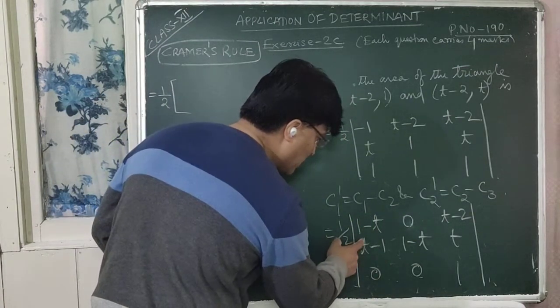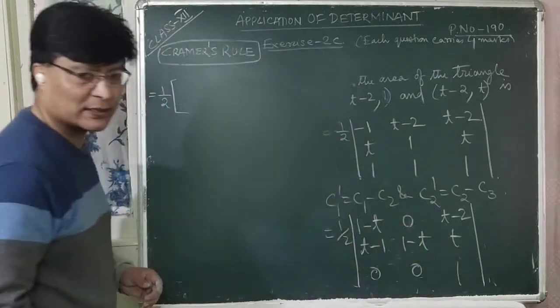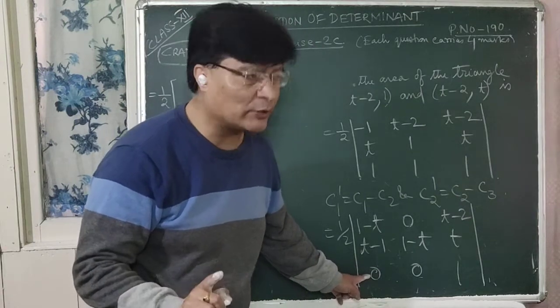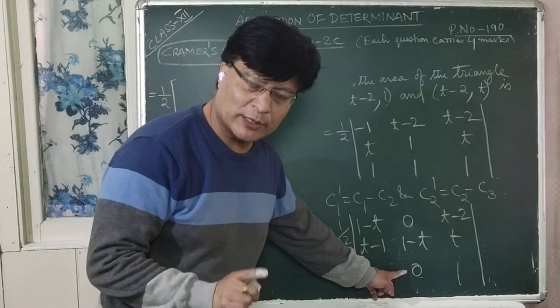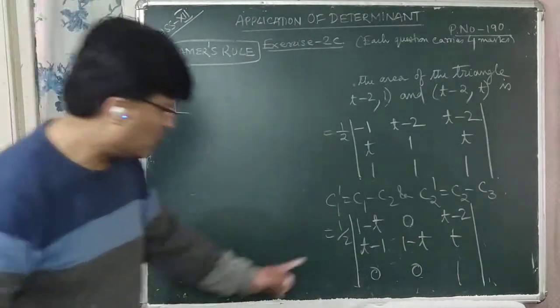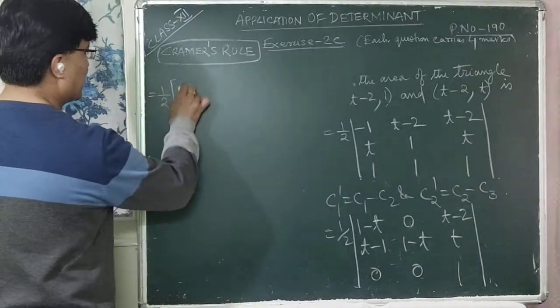Second row, minus, plus, minus. Third row, plus, minus, plus, right? So, plus 0. Will you write plus 0? No, 0 ended number is always 0. Minus 0 also you don't have to write it, because 0 into any number is always 0. But you have to write plus 1. Plus 0, minus 0, plus 1. Okay? So let us write 1 here.